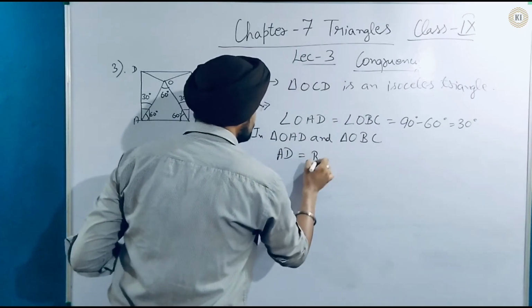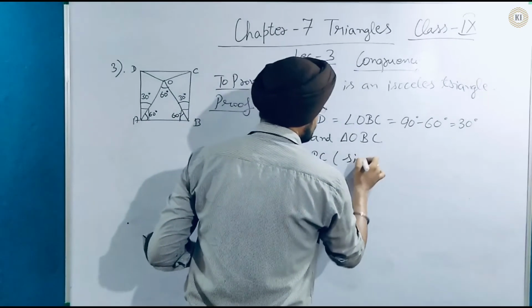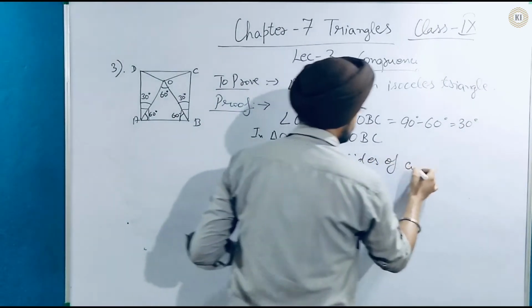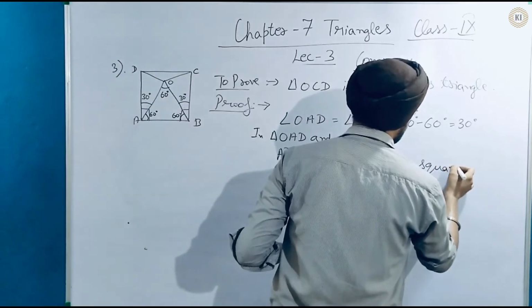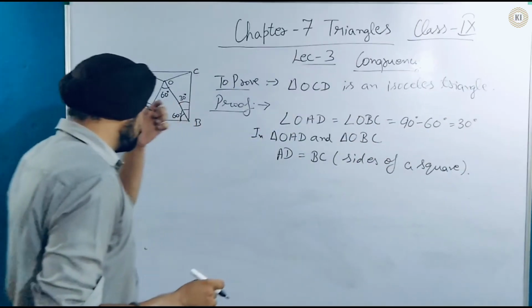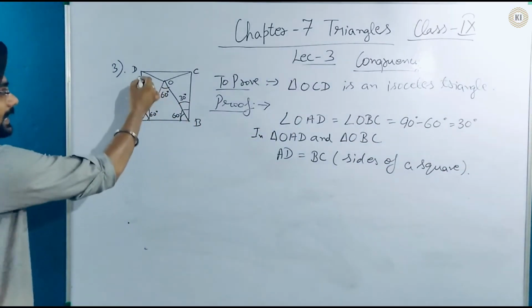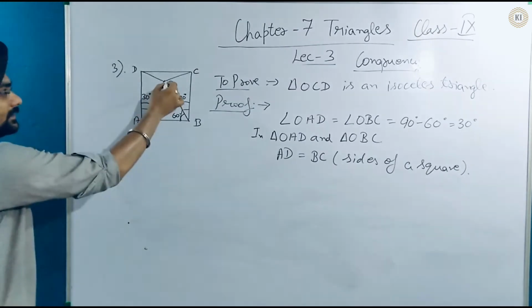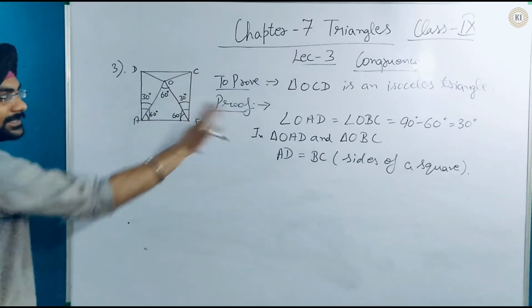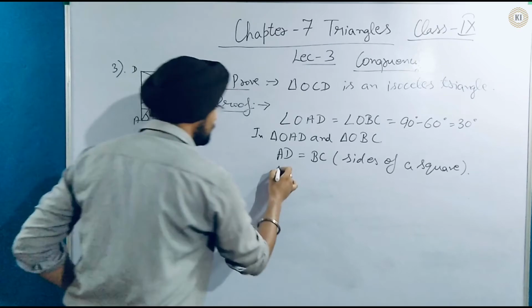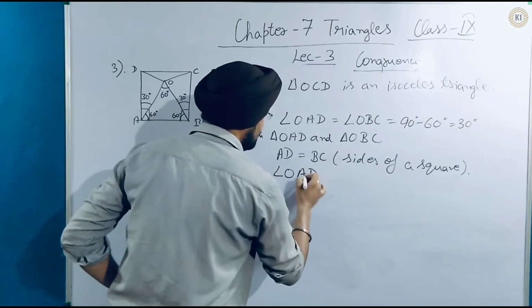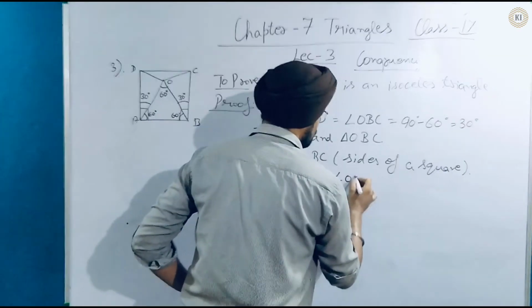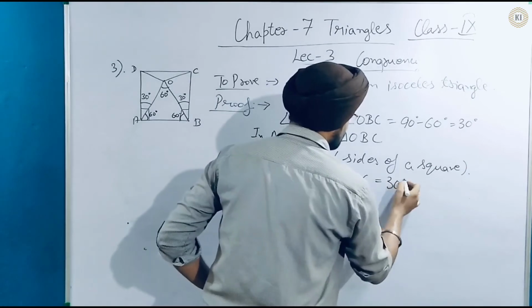AD is equal to BC. The reason you will write here: sides of a square. Second, angle OAD is equal to angle OBC, proved above, values are 30 degrees.